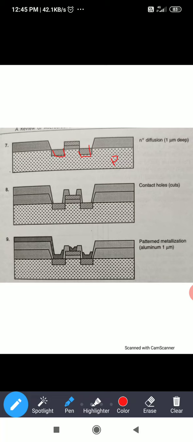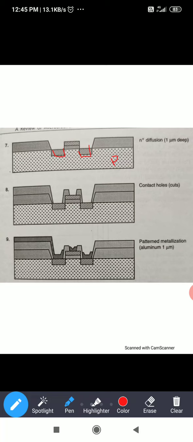Here the thin oxide layer will be removed. Again, for this process also, some of the steps may be repeated. Here the total steps are not included, but some of the steps are repeated. That means depositing the thin oxide layer, then applying the photoresist, then UV light.